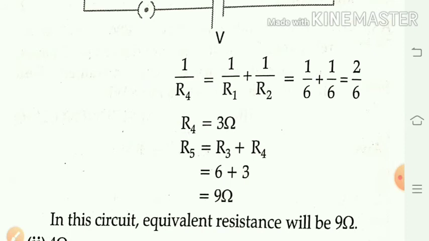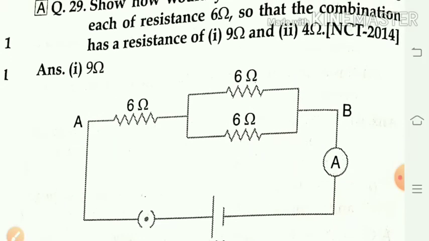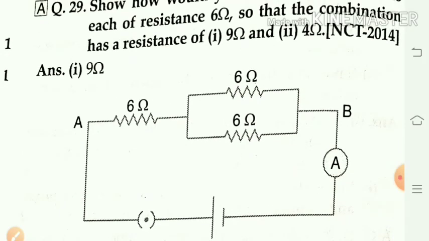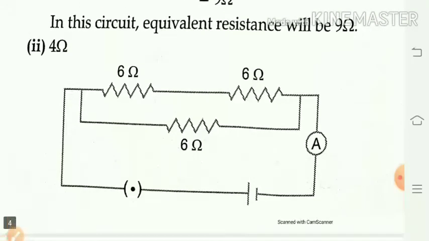Now, in order to get 9 ohm, we can write R5 is equal to R3 plus R4, so that we get the equivalent resistance equal to 9 ohm. Therefore, this is the possible combination of the 3 resistors. Of the 3, 2 are connected in parallel and 1 is connected in series combination.